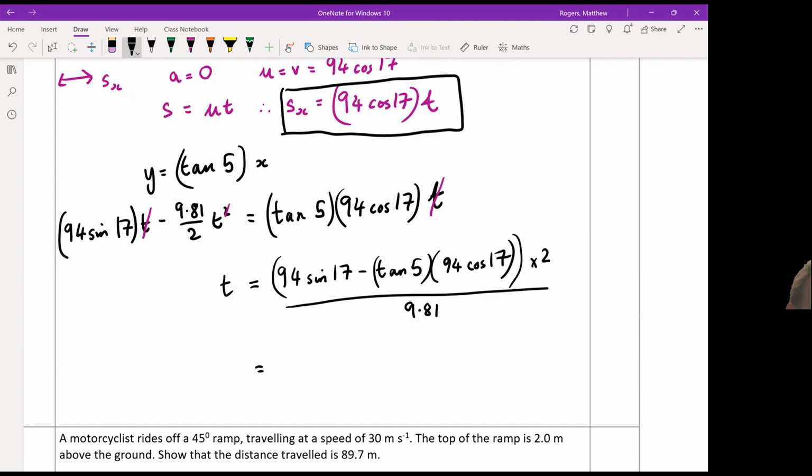Horrendous thing to type into your calculator, isn't it? Sorry, I'm still going. We want 2 times all of that divided by 9.81. I've not closed all my brackets. Made a mistake.